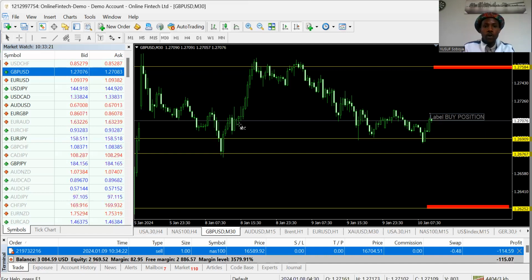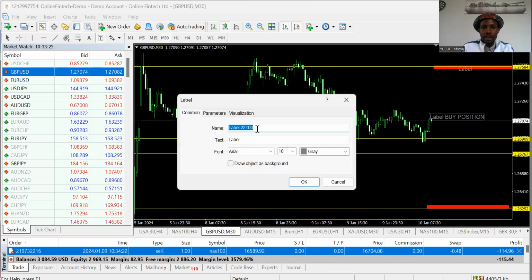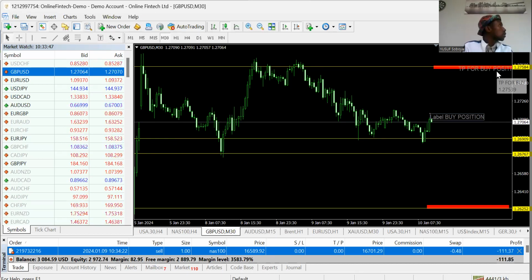But the market from this side, this is TP for buy position.